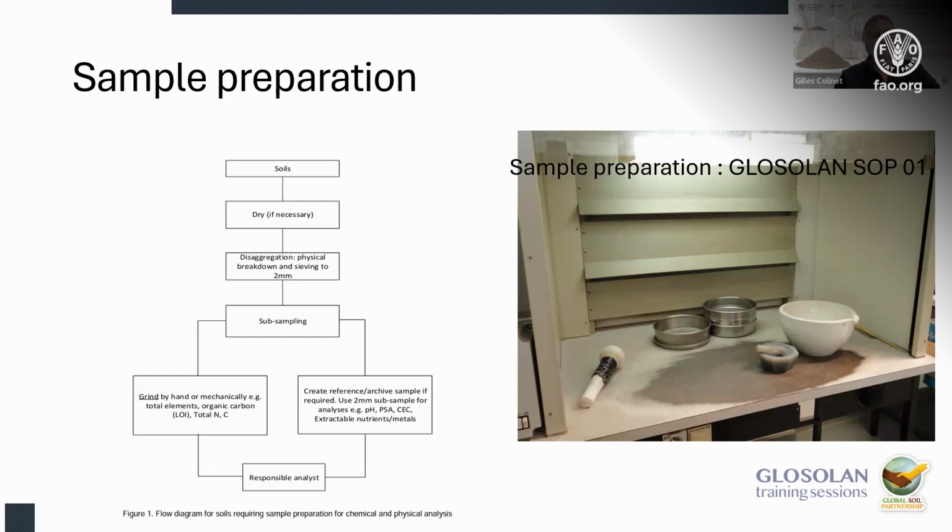Then you have an operation of disaggregation. At first, I go back to the drying. There are options too, which are leaving it to dry at air temperature, or the option of raising the temperature in an oven.